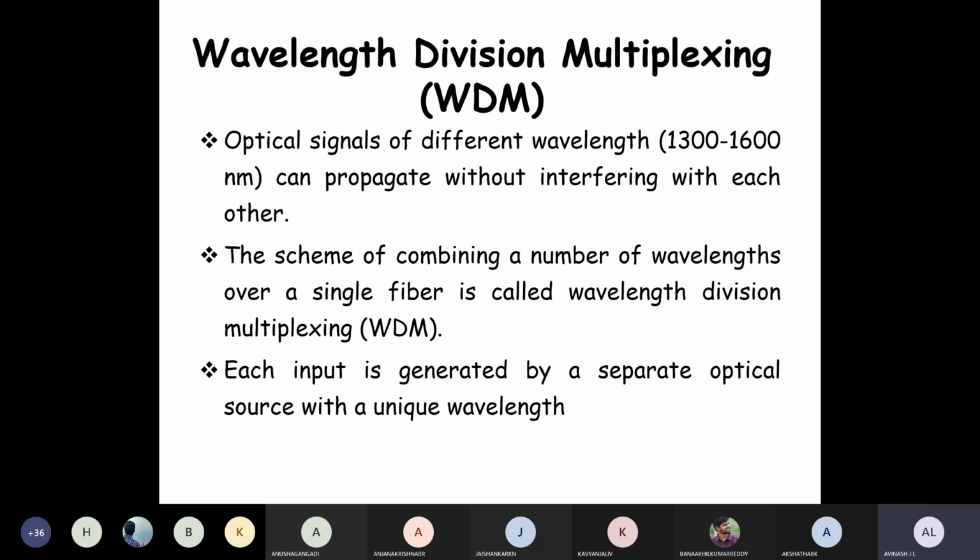Each input is generated by a separate optical source with a unique wavelength. This is the fundamental operation we implement in the wavelength division multiplexing concept. You can make a note of this definition.